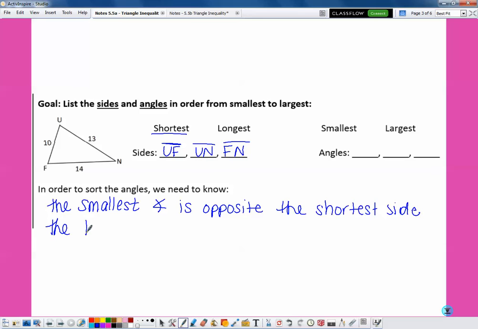The largest angle is opposite the longest side. I'm sorry, that should be the largest angle, not the longest angle.